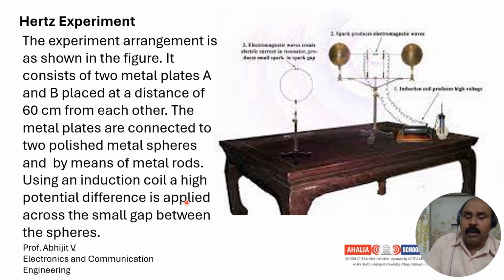Using an induction coil, a high potential difference is applied across the small gap between the spheres. When a potential difference was applied across these two spheres, we came to know that electromagnetic waves are generated and it could be received using a receiver coil.